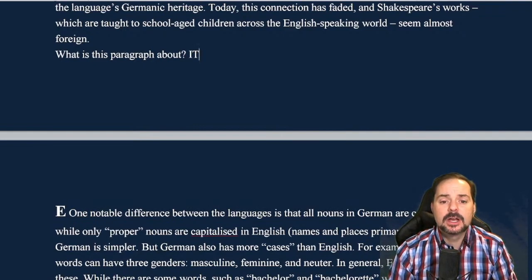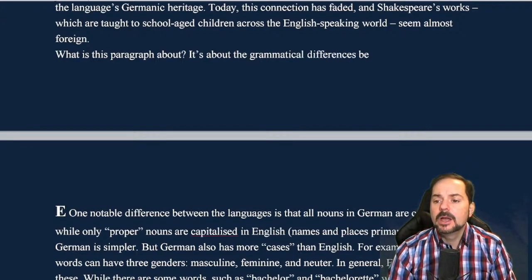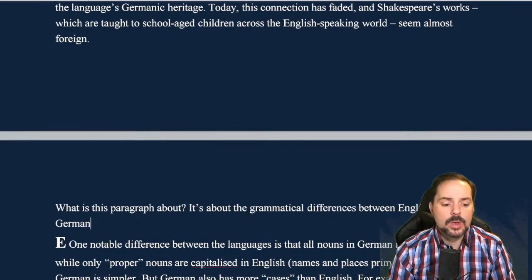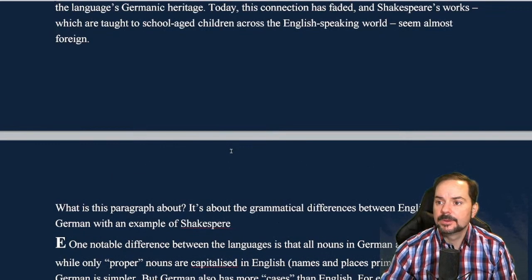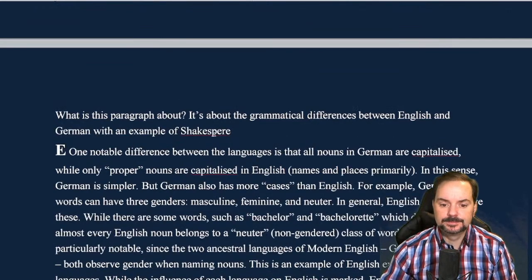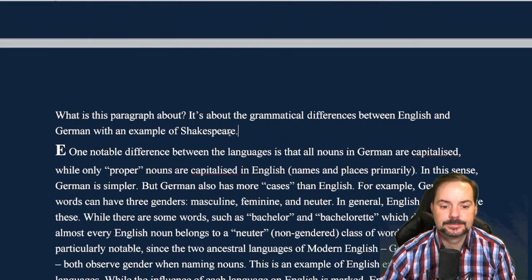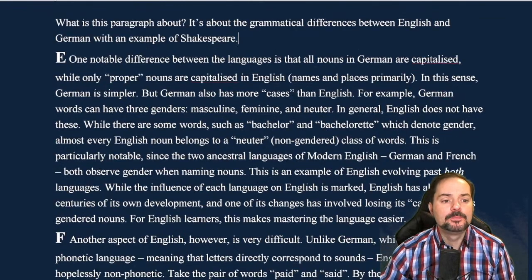So it's about the grammatical differences between English and German with an example of Shakespeare. Something like that, Shakespeare. Okay. All right. Let's keep going. Here we go.